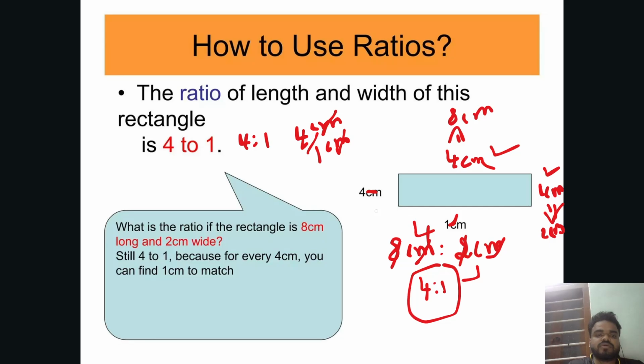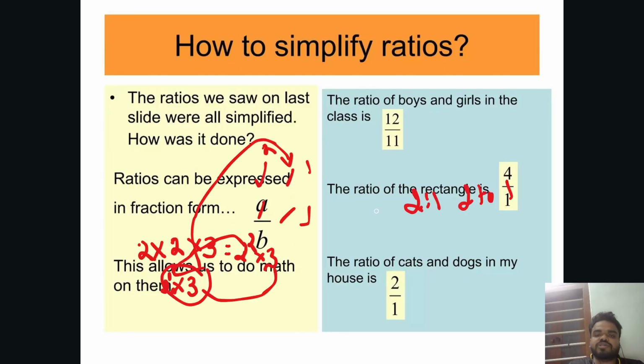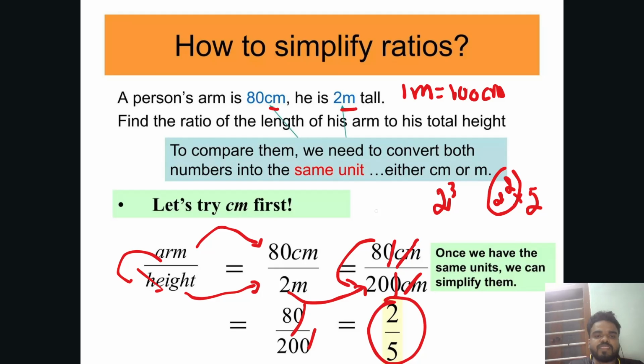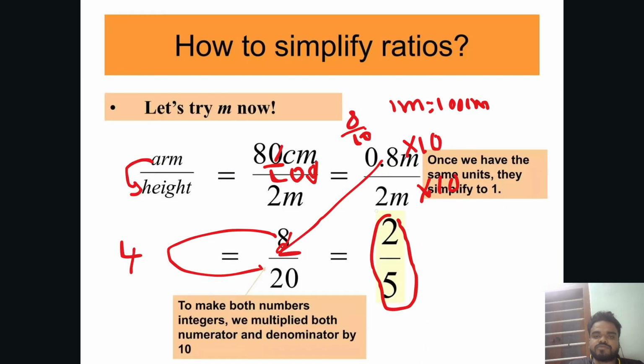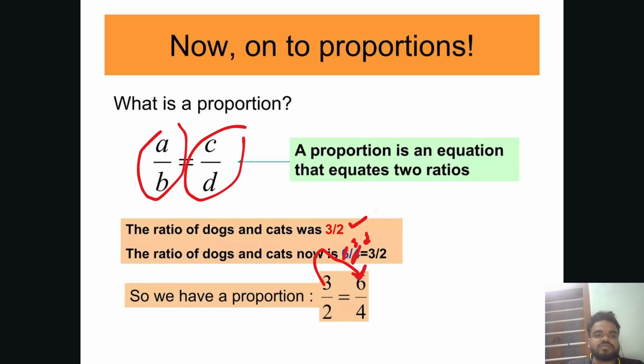Then some examples with cats and dogs, girls and boys, and the simplest form of ratios, and how to write the simplest form. What is HCF or GCF, how do you find GCF, and why do you need GCF for writing into simplest form. Then some problems, some unit conversions, some miscellaneous problems, and some more examples.